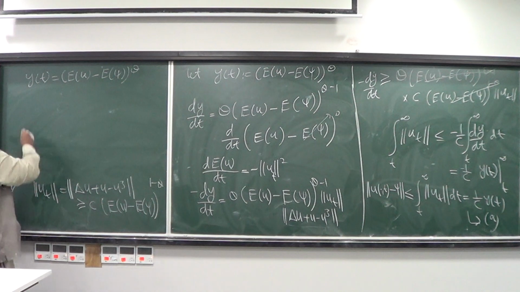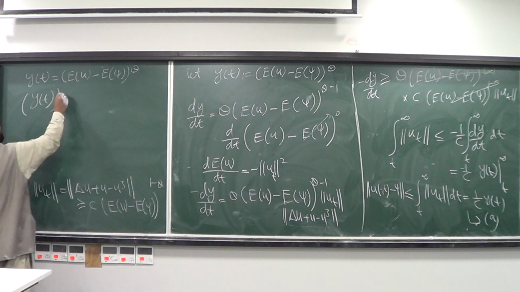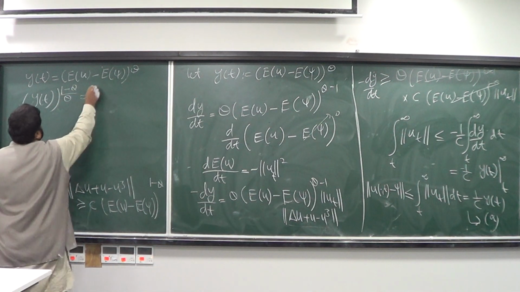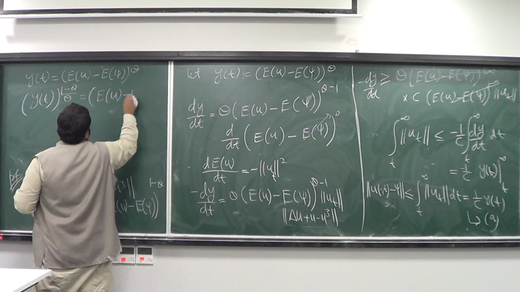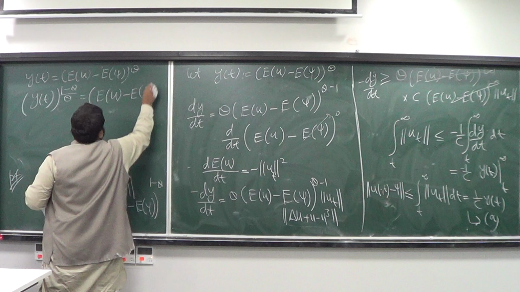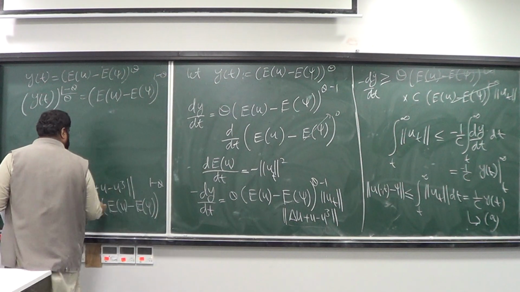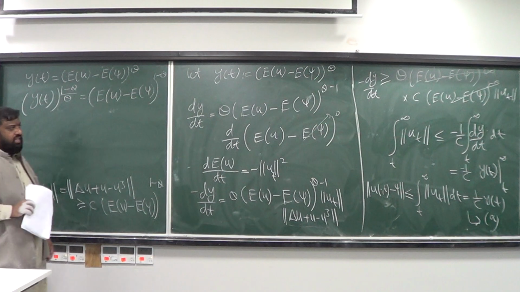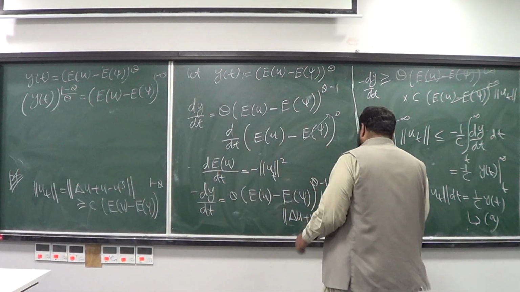I can say that if I take, for example, the power of y of t as 1 minus theta by theta, this will become e of u minus e of psi to the power 1 minus theta. So this will become the side of it actually. This is what the side of the equation will become actually.